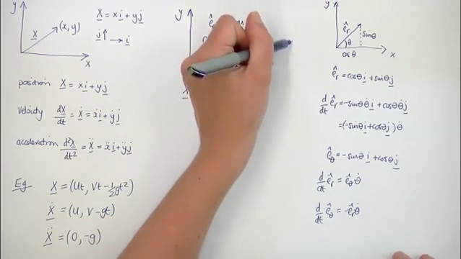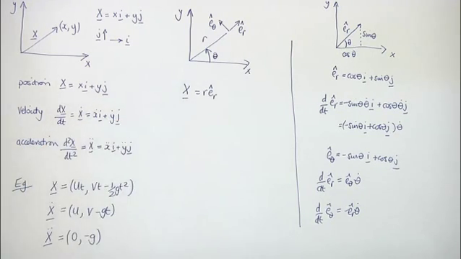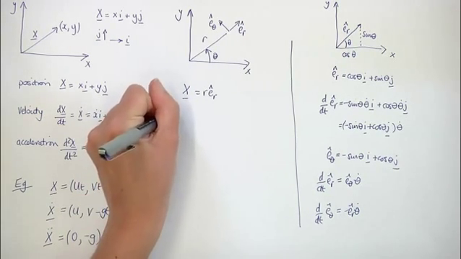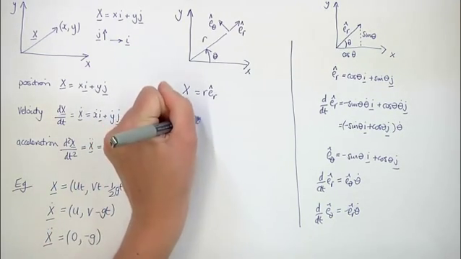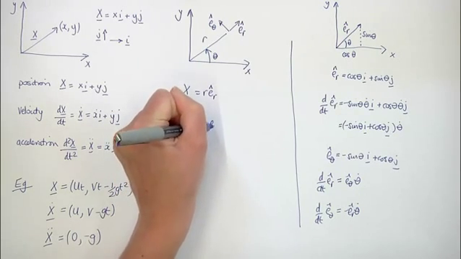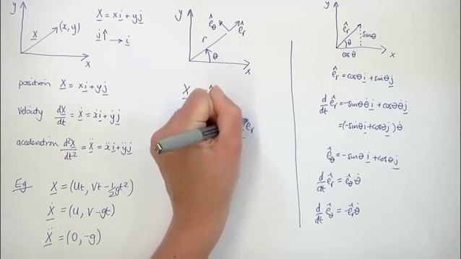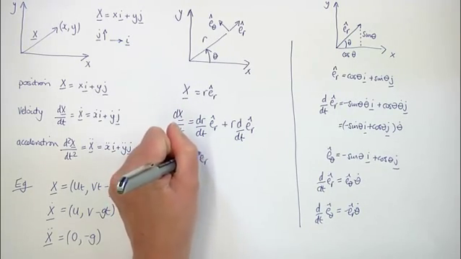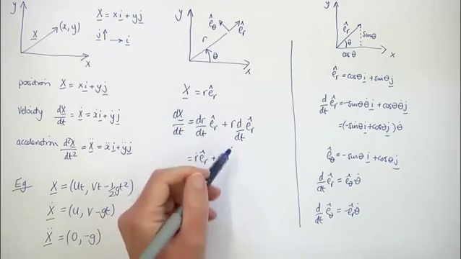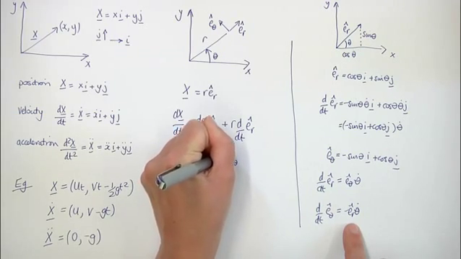So we can use these results here to work out velocity and acceleration in polar coordinates. Differentiating with respect to time and using the product rule, we have dx by dt is equal to dr by dt times er hat plus r d by dt of er hat, or r dot er hat plus r theta dot e theta hat.